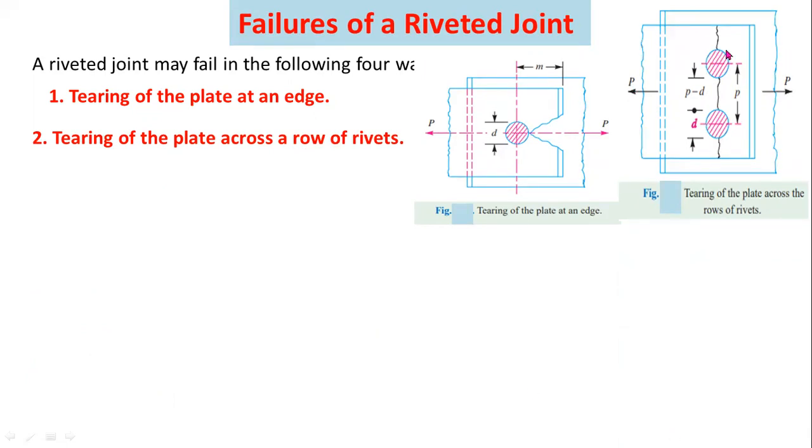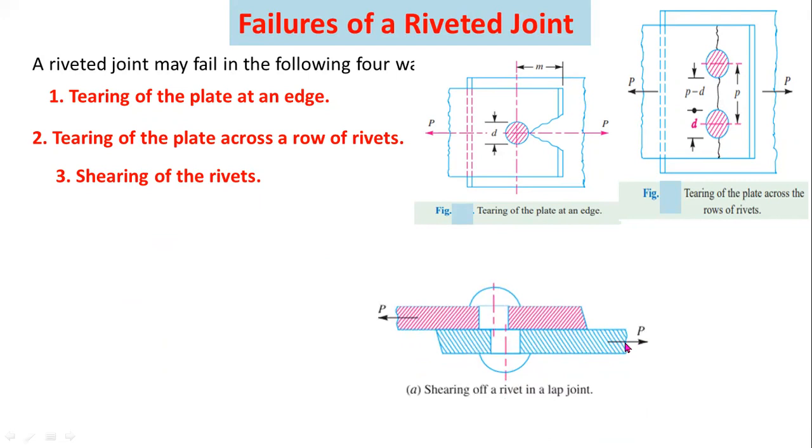You can observe this line. The third failure is shearing of the rivets. When you apply the pulling forces, rivets may fail due to shearing off. Here you can observe this is the shearing.